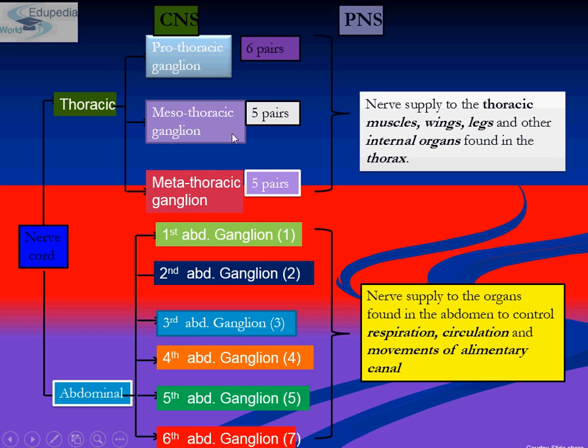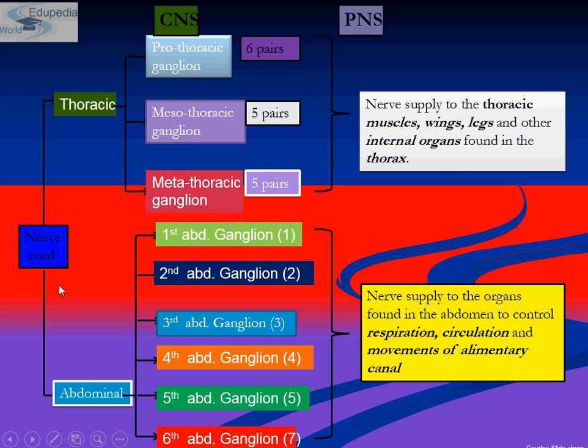The nerves start from the CNS and supply other parts of the body, forming the PNS. All three supply the thoracic muscles, wings, legs, and other internal organs found in the thorax.